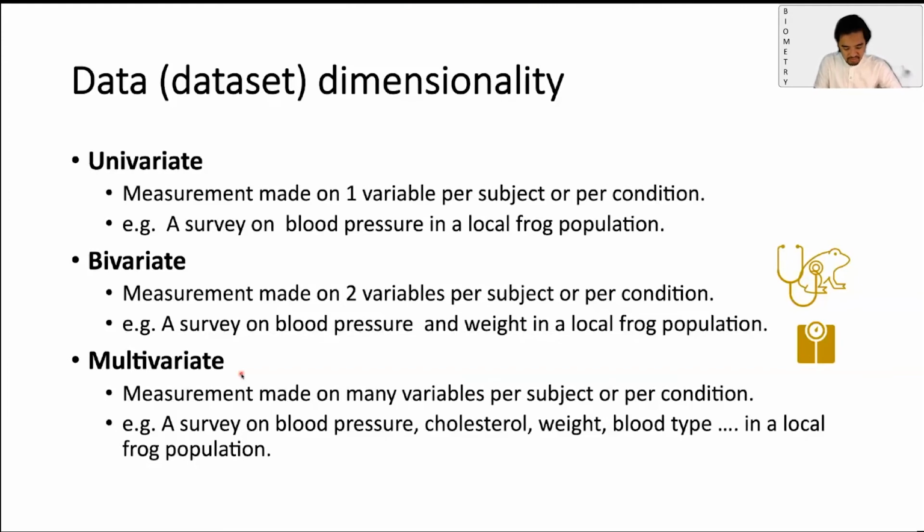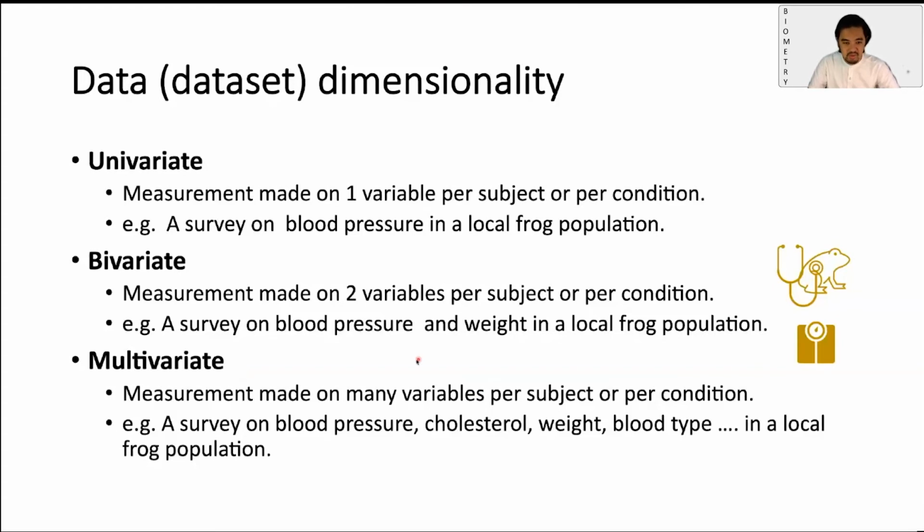As long as it answers the particular objective and can be recognized by the computer as a unit, it is considered multivariate data. Again, in this instance, we study blood pressure, cholesterol, weight, and blood type in a local frog population. You can also include the species of the frog. Now you have different types of species and so many variables. Those are considered multivariate data.